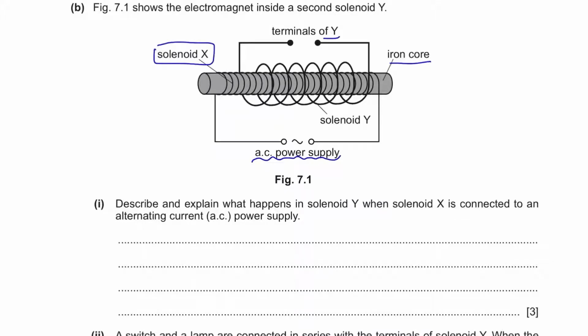It's an AC power supply, so with the solenoid, an alternating magnetic field will be produced by X. Due to this, there will be electromagnetic induction in Y, and as a result, an alternating electromotive force, the EMF, is produced in Y.